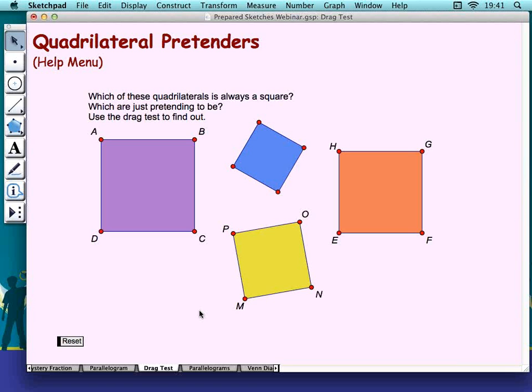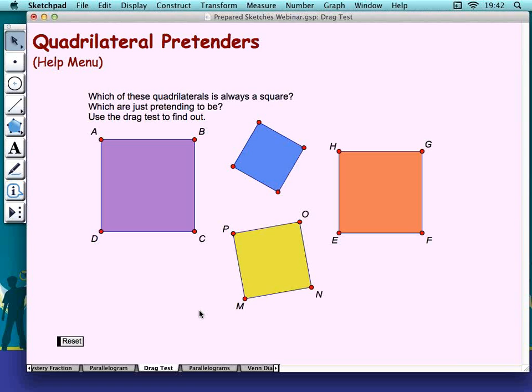So many of the activities will work with Sketchpad 4. The activities being developed under the Dynamic Number project are Sketchpad 5 only. It is possible in many cases to save a Sketchpad 5 sketch in Sketchpad 4 format, but there may be information lost.